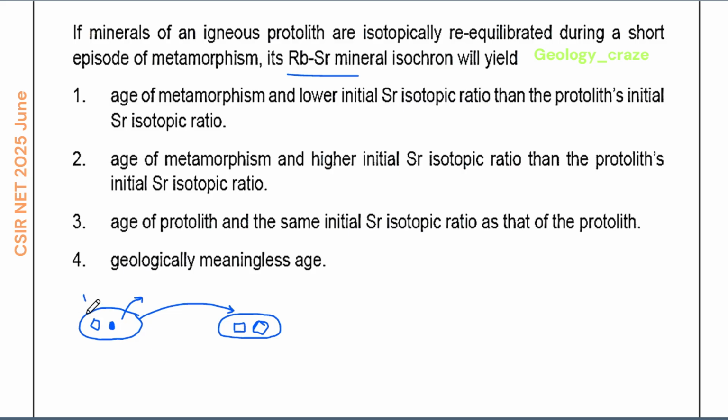This is igneous, and this is metamorphic, after metamorphism. Now the bulk composition of both the rocks is the same, igneous as well as metamorphic. I'm talking about the bulk composition.